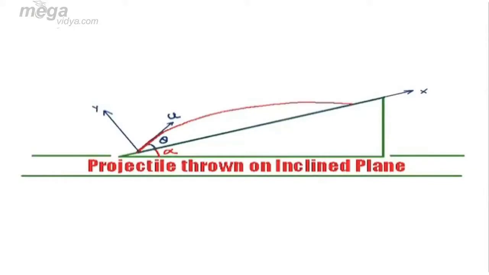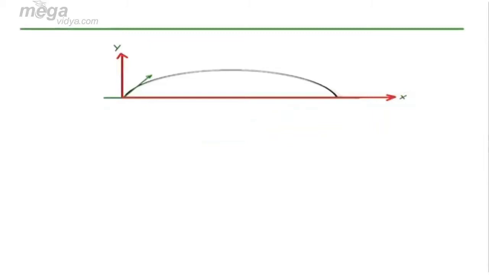Hi students. Now we are going to discuss projectile thrown on inclined plane. To understand the concepts by which I am going to analyze this projectile and its various properties, various elements of this projectile, I just want to proceed with some knowledge.